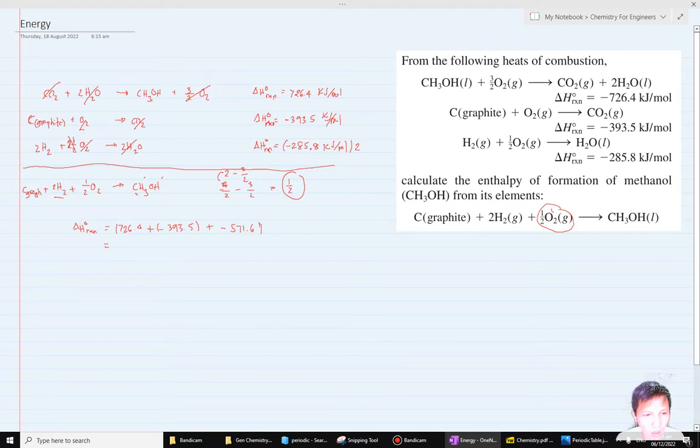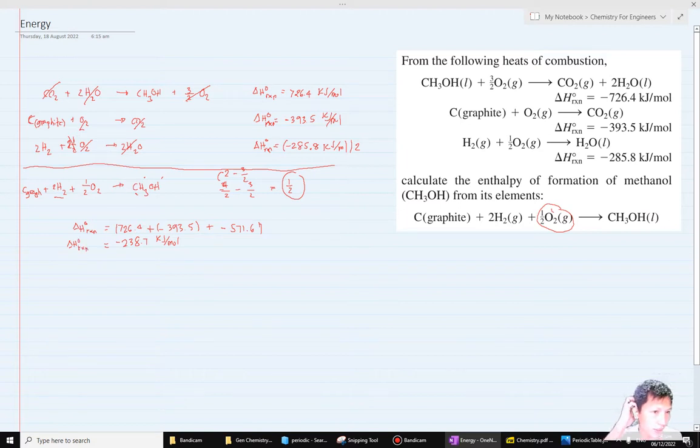So 726.4 minus 393.5 minus 571.6. You have an exothermic reaction totally: a negative 238.7 kilojoules per mole.